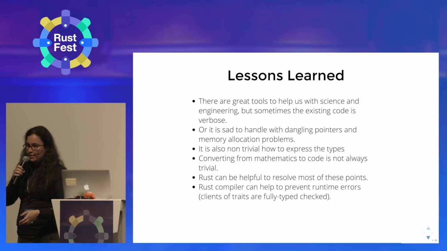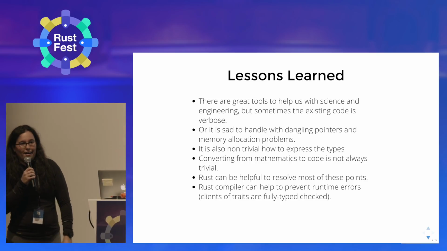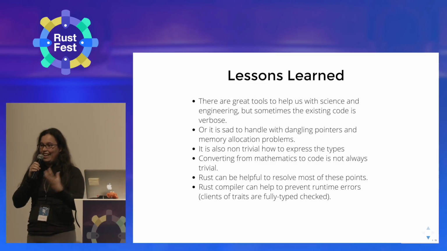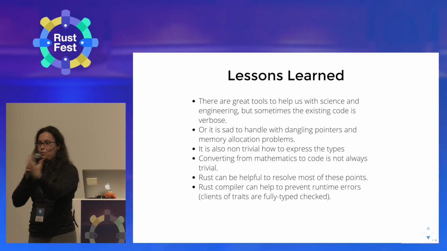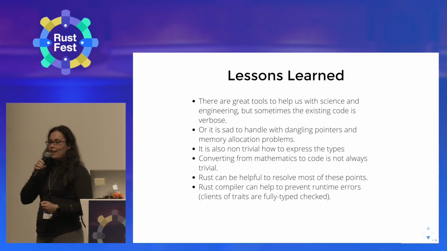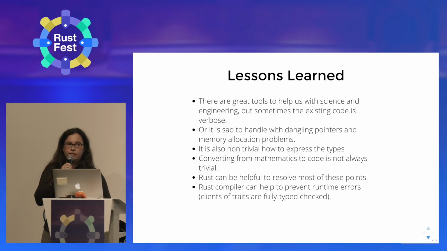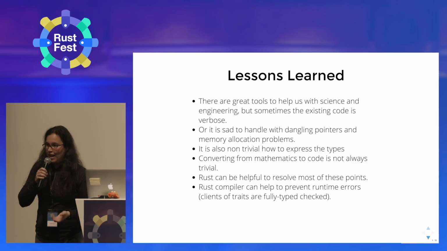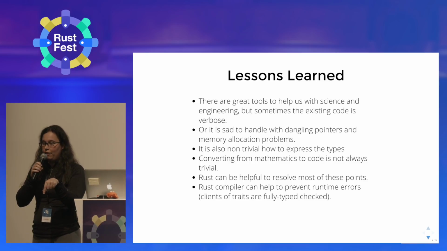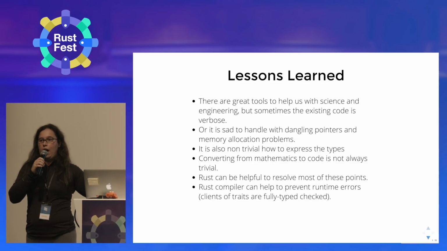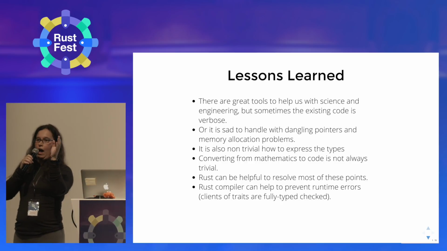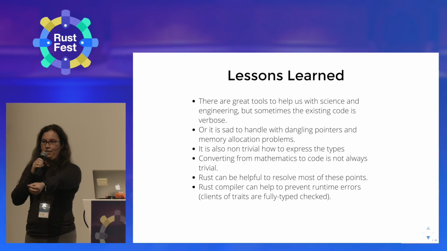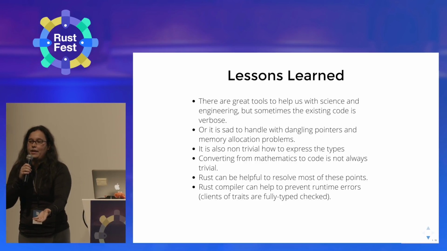And one last but not least point, I was so happy that the compiler was telling me that something was wrong before I ran it. Something very frustrating to me is that Octave can be slow for some operations, and I was running an operation in Octave, and boom, runtime error after 10 minutes. I wanted to cry. I lost 10 minutes to get a runtime error. I was really sad with that.